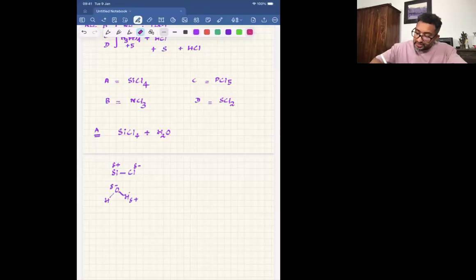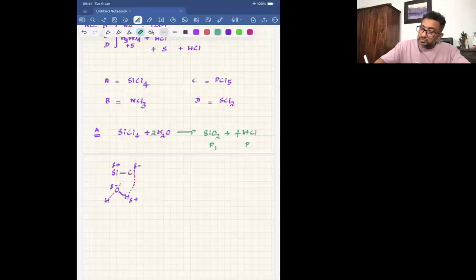So these are connected together and these are connected together. That's how you get that. So that gives you silicon dioxide, which is the network structure, and then HCl. For that you need 2 water molecules, 2 times 2, 4 HCl. So this is your P1. This is your P2.